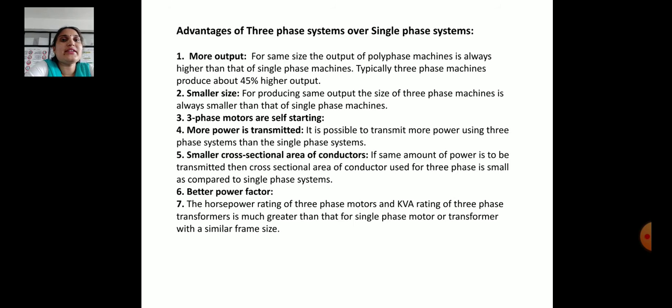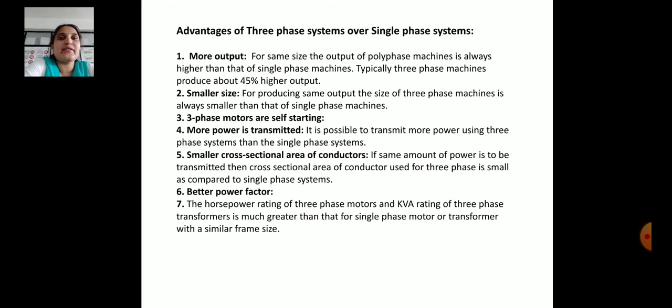The second advantage is smaller size. For producing the same output, the size of a three phase machine is always smaller than that of a single phase machine. This factor is important in urban areas where space is an important parameter.